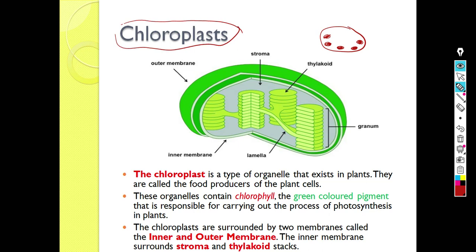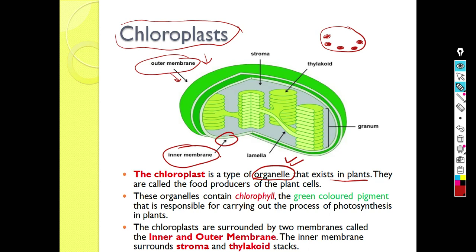Okay, now you have to see this. These are a type of organelle, because these are also a part of the cell. As I told you, there will be a membrane also. You can see here there is one inner membrane and one outer membrane in chloroplast. Clear? So there are two types of membranes to protect it further.